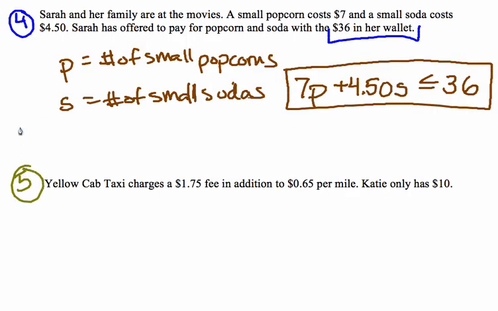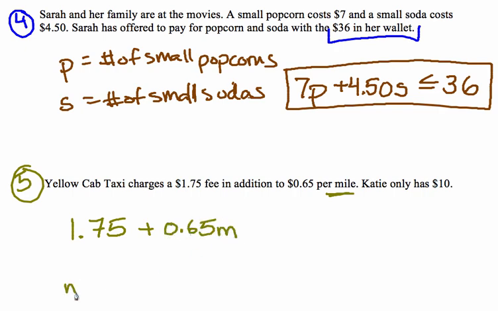Our last example says Yellow Cab taxi charges a $1.75 fee in addition to 65 cents per mile. Katie only has $10. So in this case, there's actually only one variable, and that's the amount of miles that Katie is going to be able to travel in this cab. So just to get in the cab, you'd pay $1.75, and then after that, you pay 65 cents for every mile.